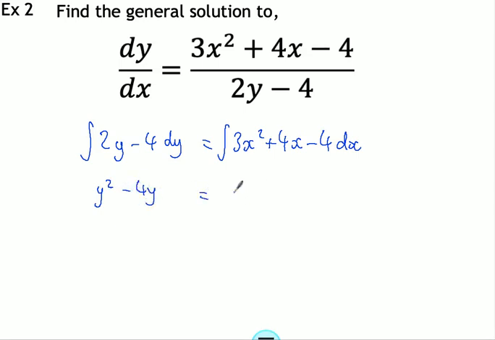And when I integrate this side, I get that. Now, this is fine. This is absolutely valid. It's really, really awkward to write this in the form y equals f of x. You know, this is absolutely true. So don't panic if you've got yourself in this form. That's fine. Unless the question said, write it in this form, this is absolutely valid.